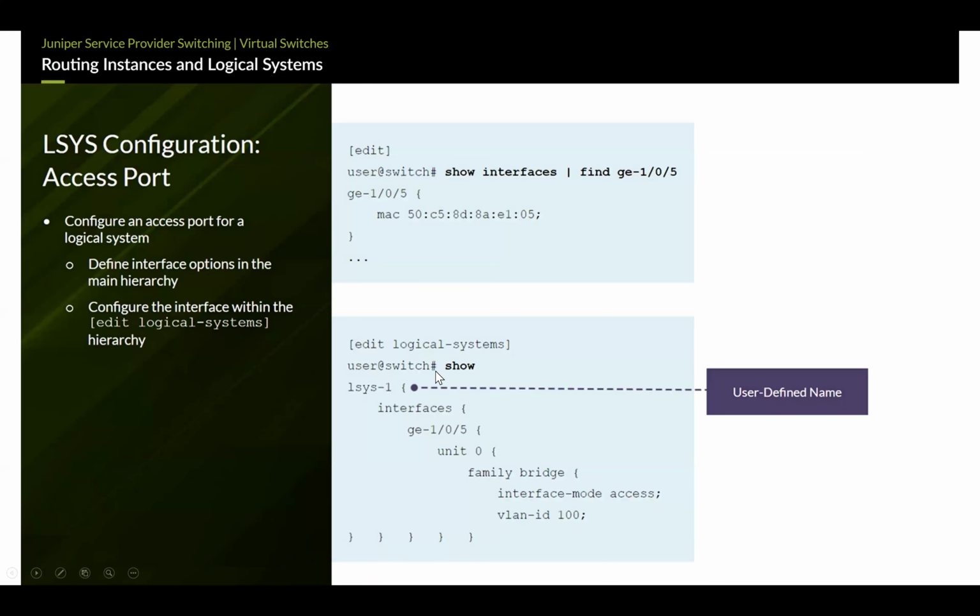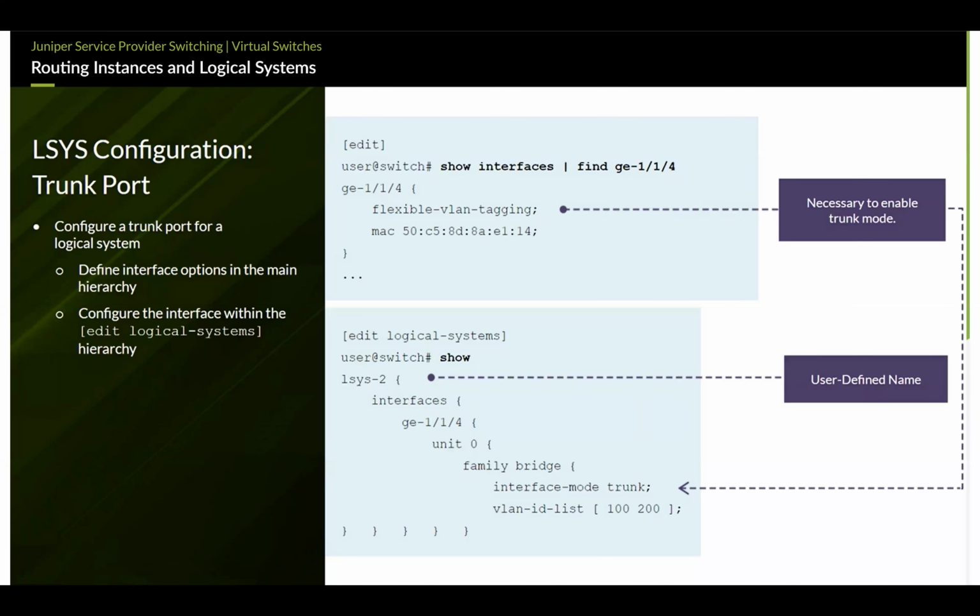Next, under a logical system you can add multiple interfaces, and an interface can act as layer 3 or layer 2. If you configure a logical system on a physical interface, the VLAN type will be flexible VLAN tagging.